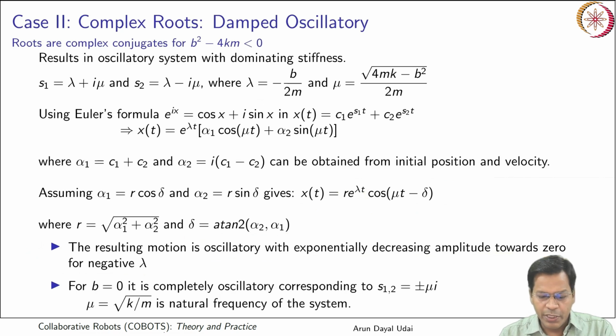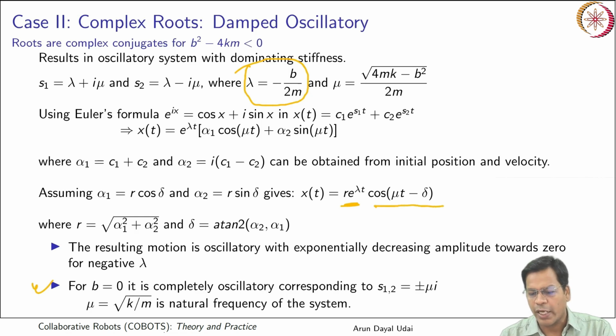For b equal to 0, if you substitute b equal to 0, this becomes 0, so lambda is 0. In that case this is purely a constant value and you are left with just cosine oscillations. So your system is now completely oscillatory in nature, corresponding to s1,2 equal to plus minus i mu.